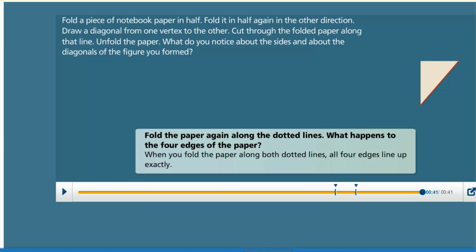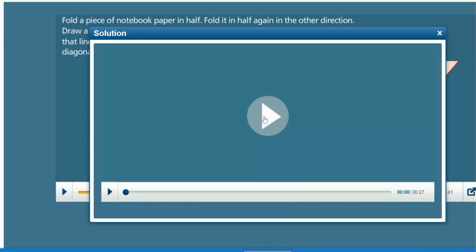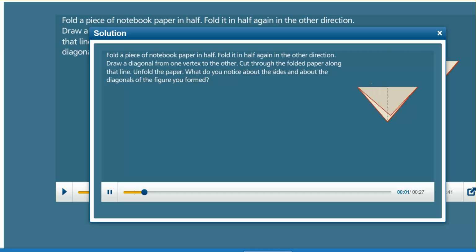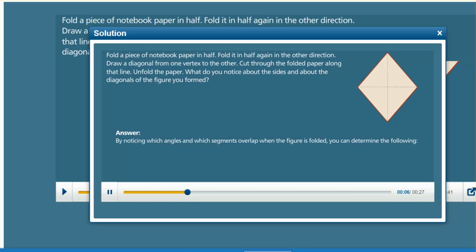So when it says all four edges line up exactly, what does that mean? So all the sides are congruent in that figure.